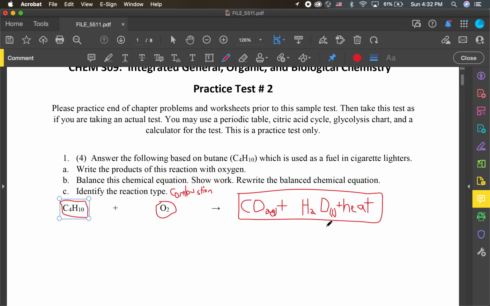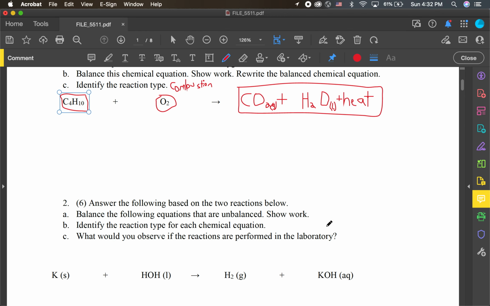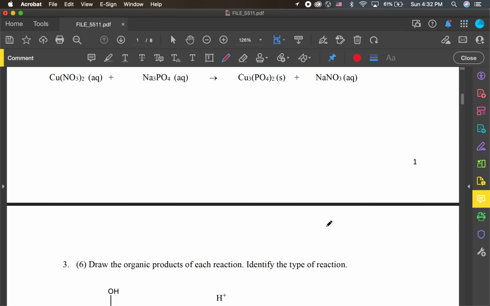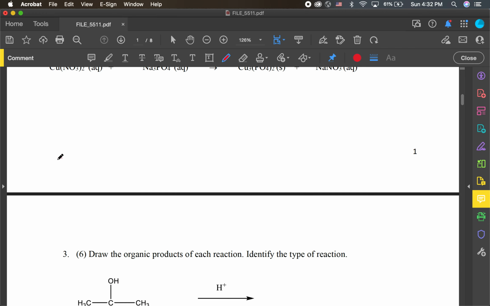The other types of reactions this could be: synthesis. Synthesis is when you're combining multiple things to become one. I'll just put synth here.